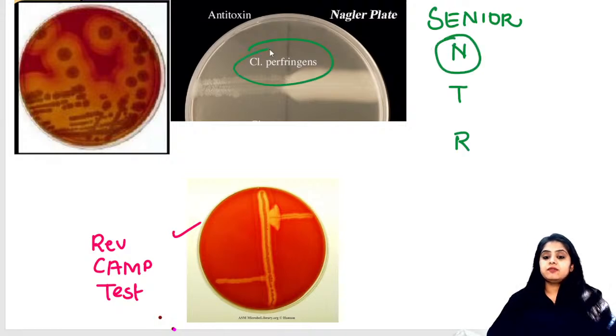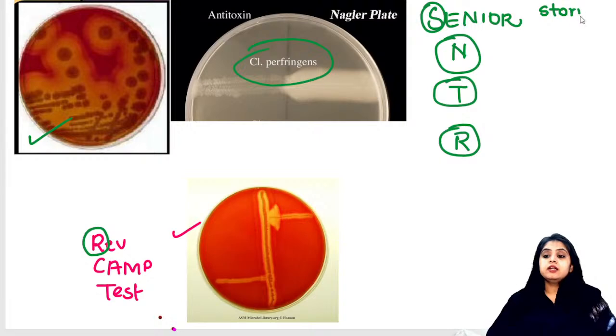There is a reaction which we'll do in detail, Nagler's reaction. What is T? T is going to be target hemolysis. What is R? Obviously there is a reaction where the reverse CAMP test is positive. And S for what? That I'll start because there's no photo for it. Stormy clot formation. S for stormy clot formation.